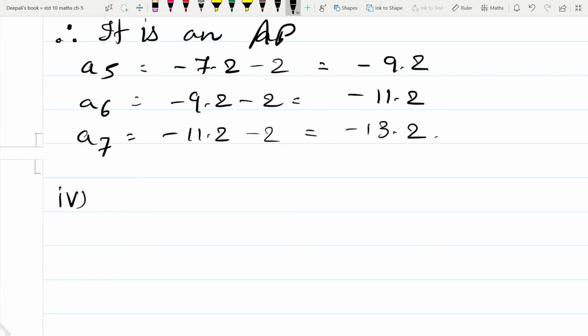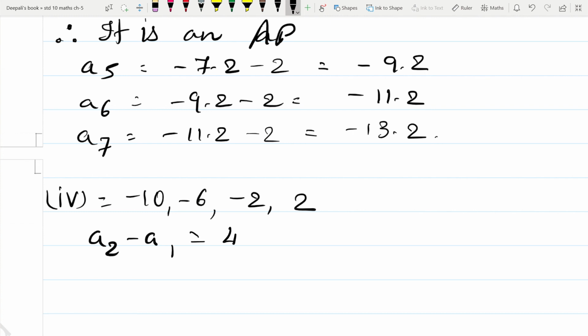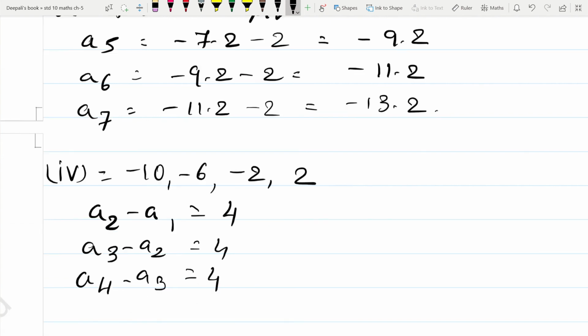Fourth one, minus 10, minus 6, minus 2 and 2. So now A2 minus A1 is equal to 4, A3 minus A2 is equal to 4, and A4 minus A3 is equal to 4.